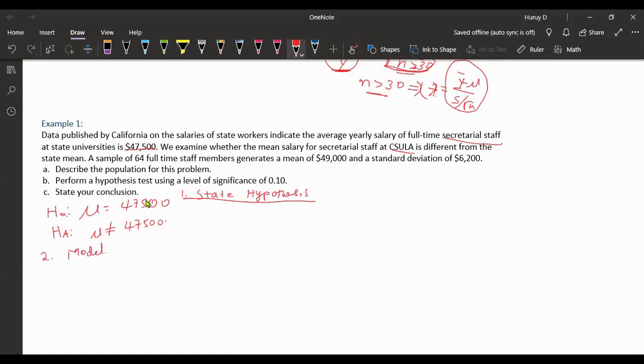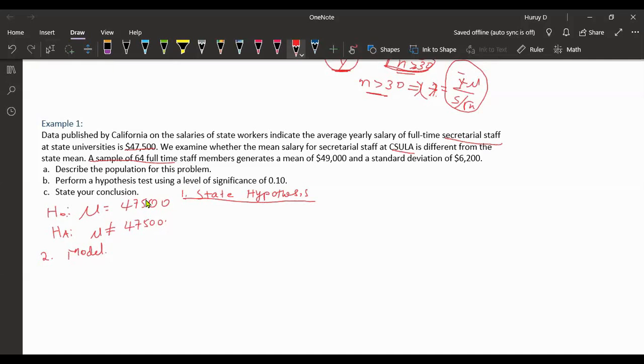And here, it doesn't mention any randomness, but we will assume this sample is selected randomly. And since we don't have the data, I cannot check the near normal condition, but we will assume that one, okay?